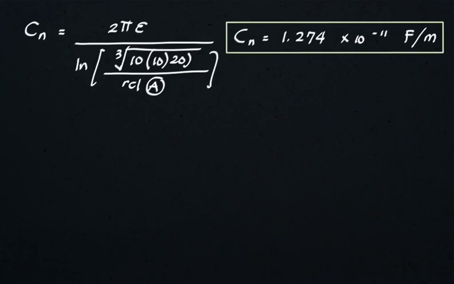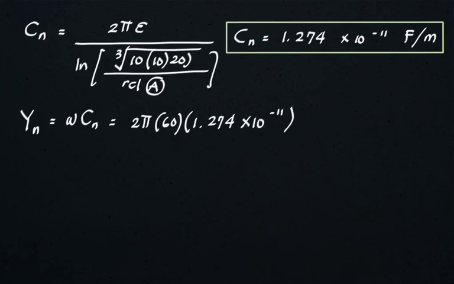What else? We need the admittance to neutral. The admittance will come from omega times C, the capacitance. Assuming a 60 Hertz line, and your C in farad per meter, because we are asked for the admittance in per kilometer, that's why we have 1,000 here.